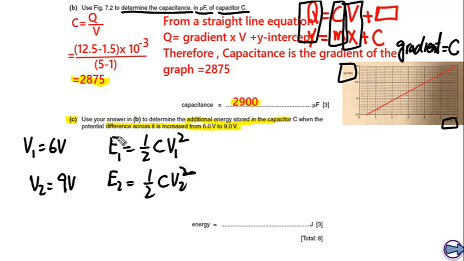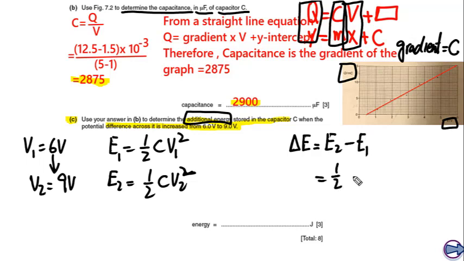Now we need to find the increase in energy, meaning the additional energy if the potential difference increases from 6 to 9. So simply we need to find the difference between these two. We can simply say E2 minus E1, so as you can see here, 1/2 CV2 squared minus 1/2 CV1 squared.